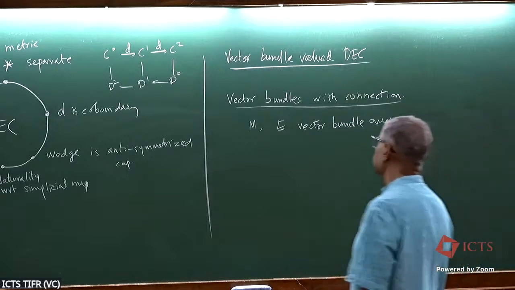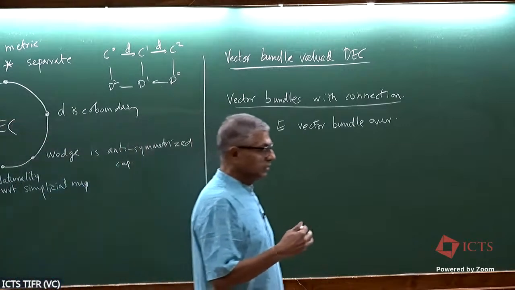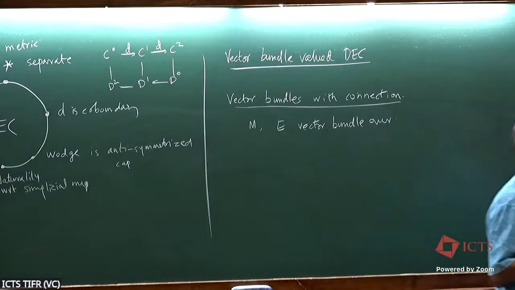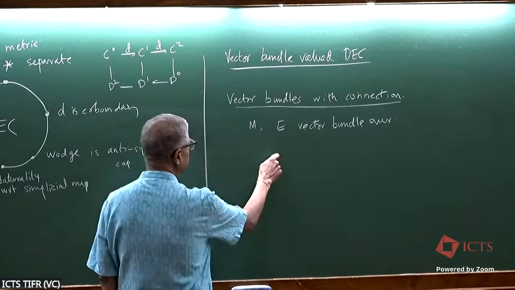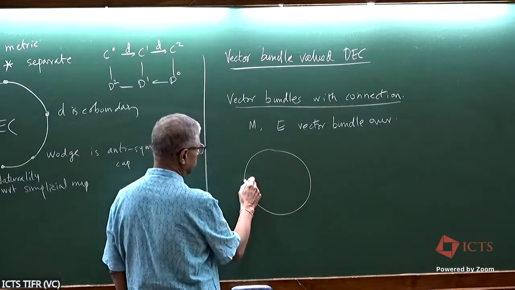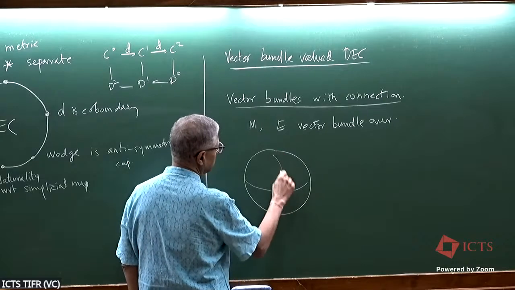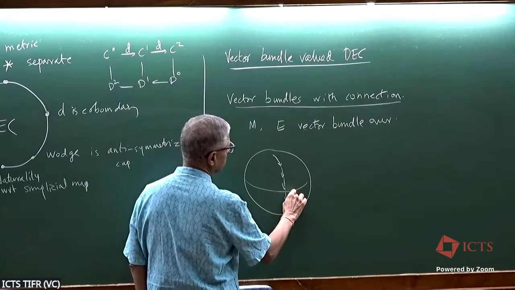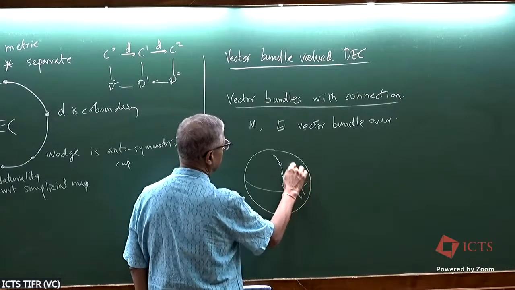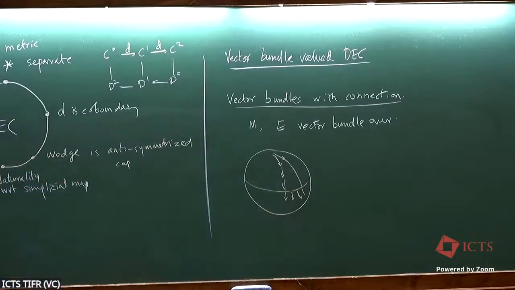And so the thing is that you can't do derivatives of vector valued things with just this structure. So let's say you have a sphere, I'm sure you've seen this common example that if you start here at the North Pole and you take a vector and transport it, and then you move along the equator and then you go back, then the vector turns, and how much it turns depends on the path you take.